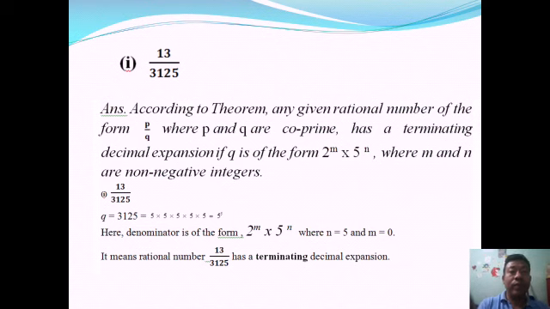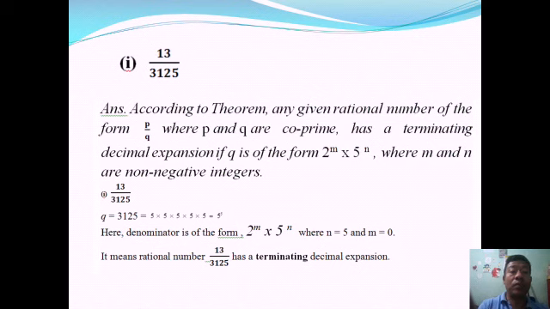13 by 3125. According to the theorem, any given rational number of the form p by q, where p and q are co-prime, has a terminating decimal expansion if q is in the form of 2 to the power m into 5 to the power n, where m and n are non-negative integers. So the denominator 3125, when we express it in prime factorization, we can write as 5 into 5 into 5 into 5 into 5, which is equal to 5 to the power 5.